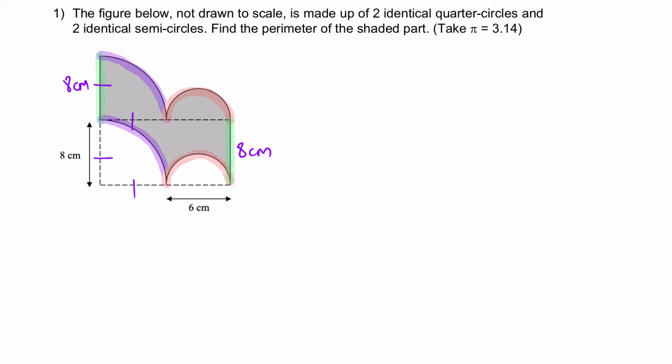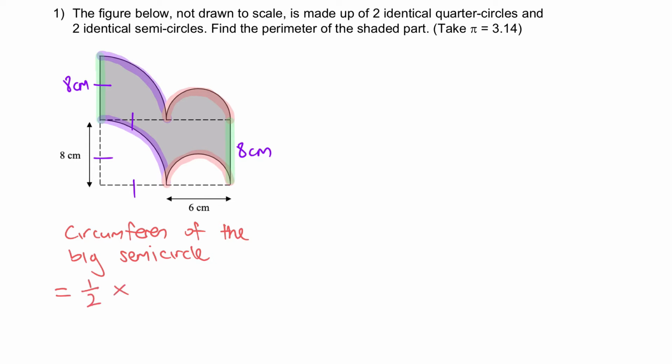So let's now figure out the perimeter. We can first find the circumference of the big semicircle. What is the circumference of the big semicircle? We need to halve it.